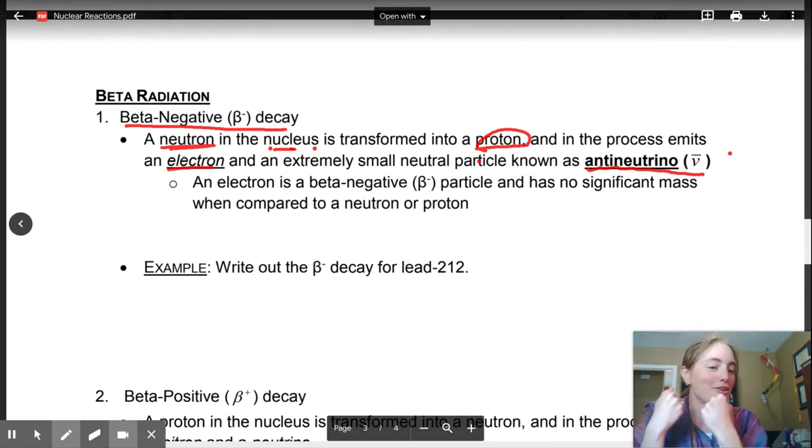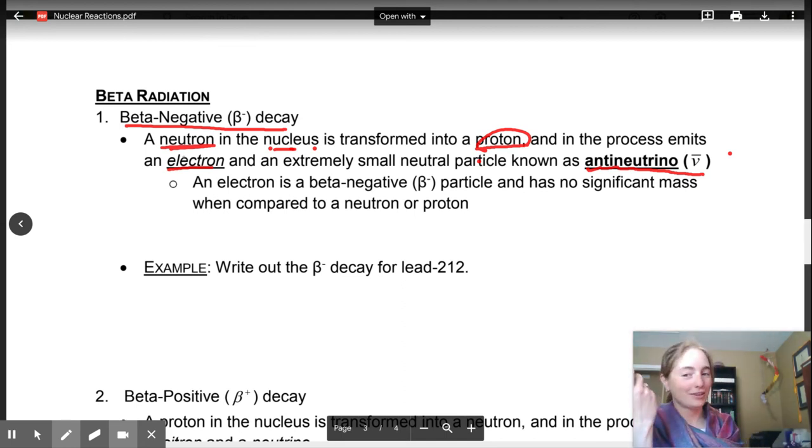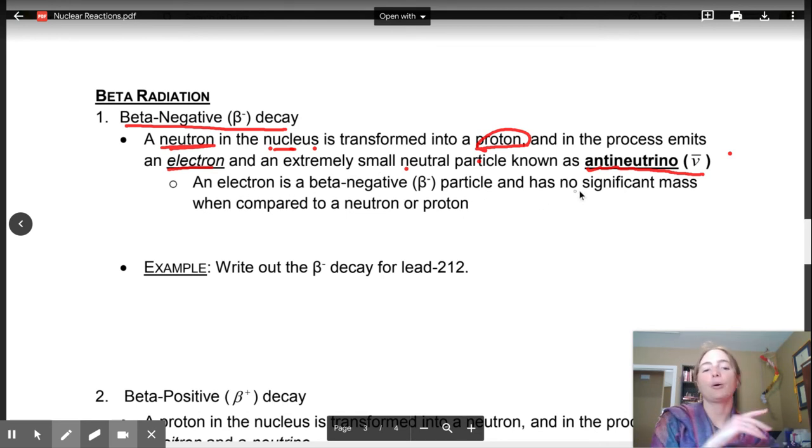Therefore, your conservation of charge is maintained. And the conservation of nucleons holds because we've gone from a neutron to a proton. We have the same number of nucleons, but the nucleon's identity is now different. So let's talk about this antineutrino.